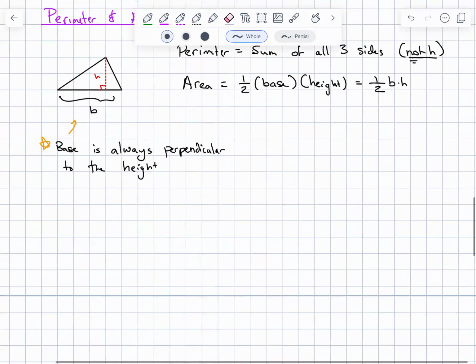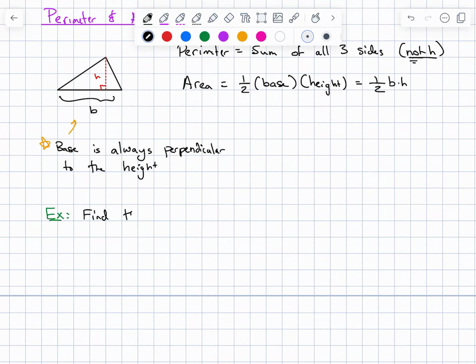Okay, so let's get some examples of calculating those things. Find the area and perimeter. Part A will be a triangle like this, the quintessential triangle picture, and the side lengths are 11 feet, 5 feet, and 8 feet.